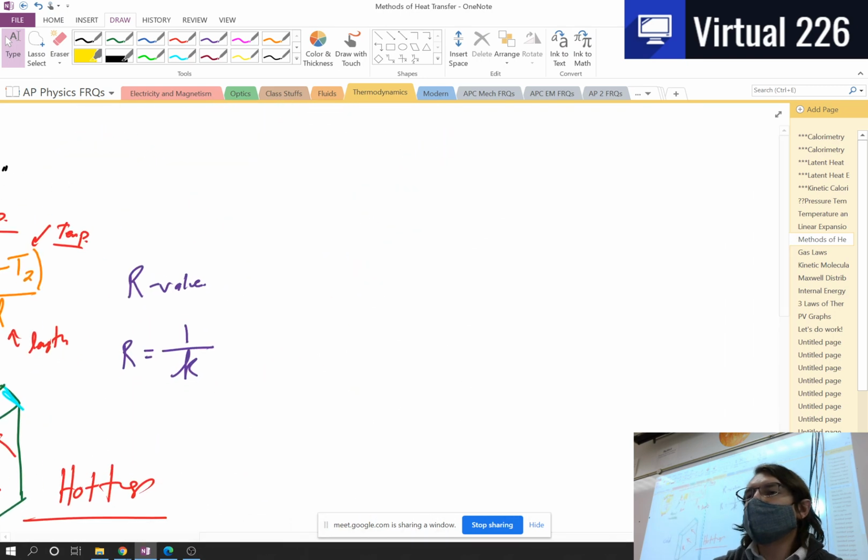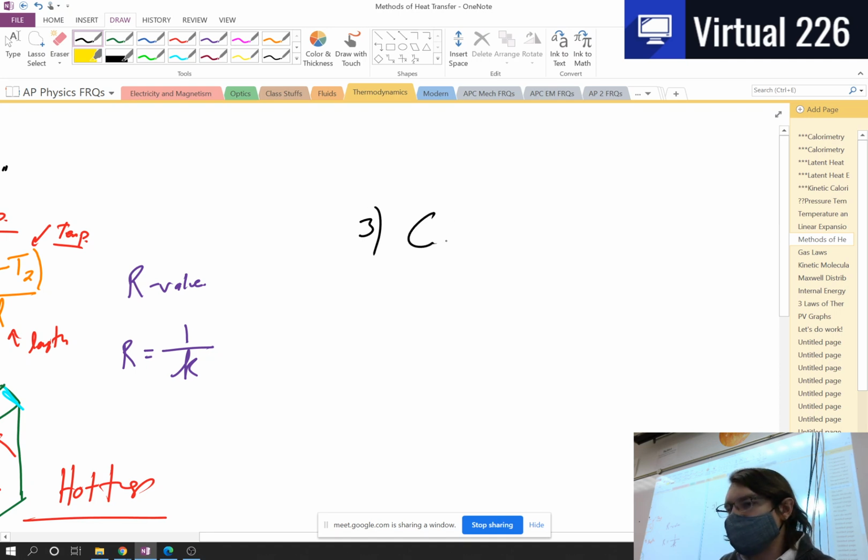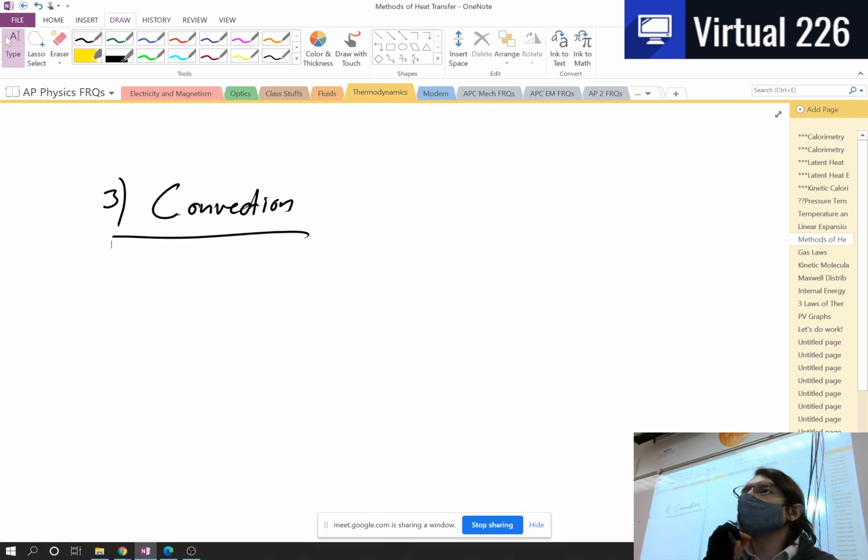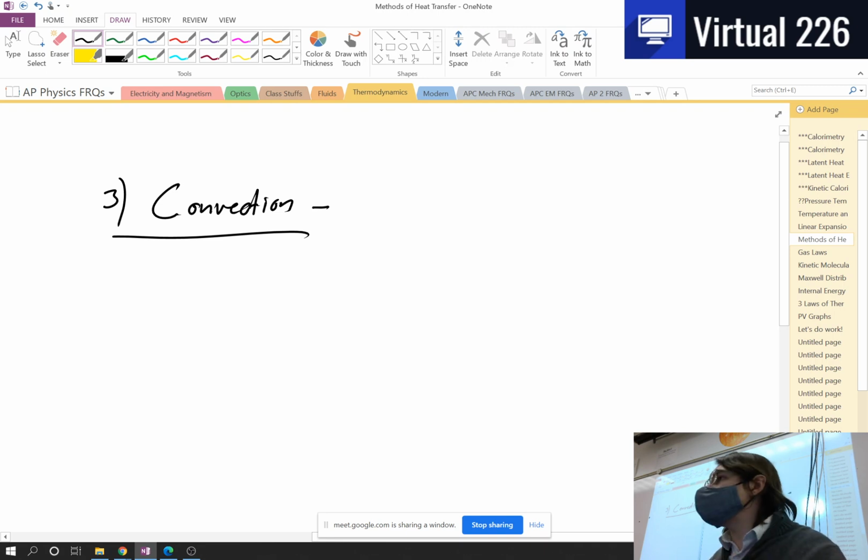The last method, and this one is kind of similar to conduction, is what is known as convection. Now, if you have a home with central heating and air, or maybe you have a convection oven, then you might have some idea of what convection is, because fans tend to spin to push air along, or you're just trying to get a bulk flow of matter.